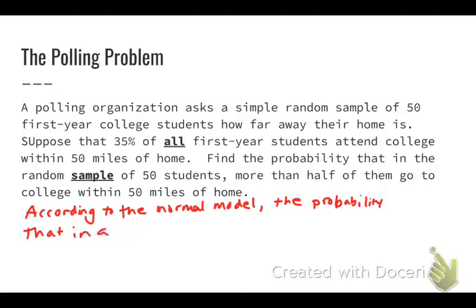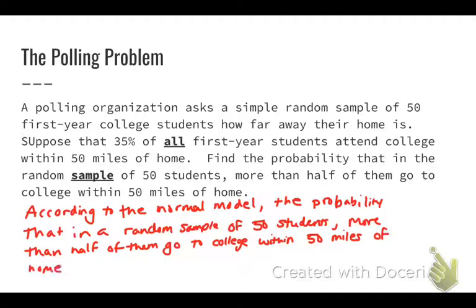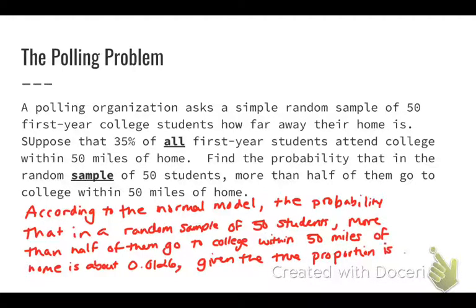that in a random sample of 50 students, more than half of them go to college within 50 miles of home, is about, so it's not exactly, 0.0126, I think is what the number was, given the true proportion is 35%, 0.35.